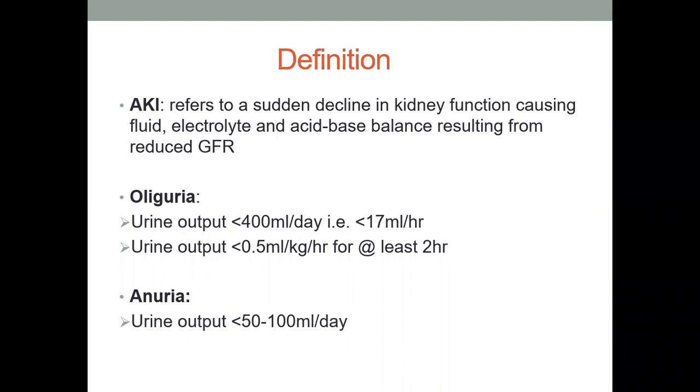Now keep this in mind, and this underscores the reason why urine output should be measured hourly. This is important. I see in a number of our units that we wait till the end of the shift to calculate urine output.